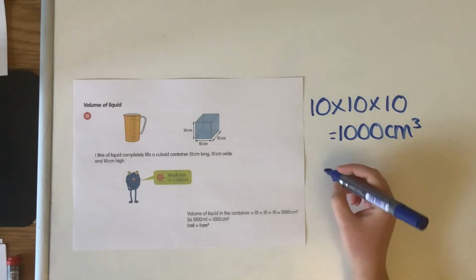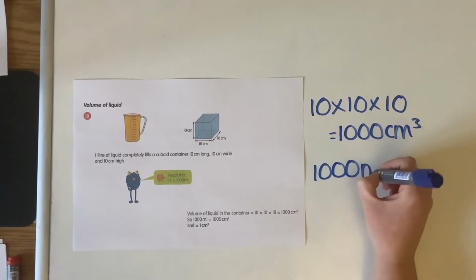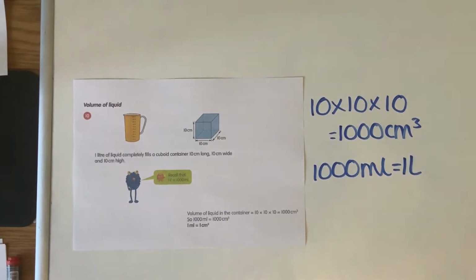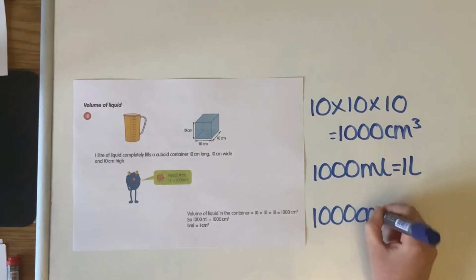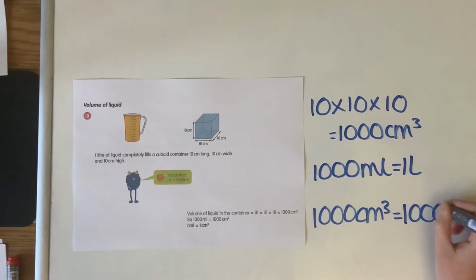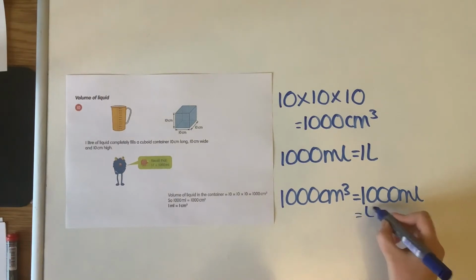So 1,000 millilitres, we know, is the same as 1 litre. So 1,000 cubic centimetres is equivalent to 1,000 millilitres, or 1 litre.